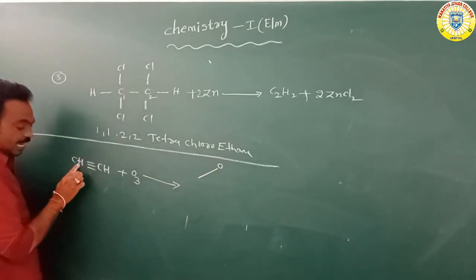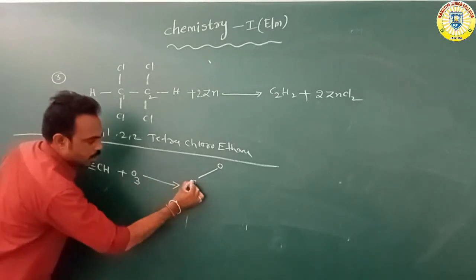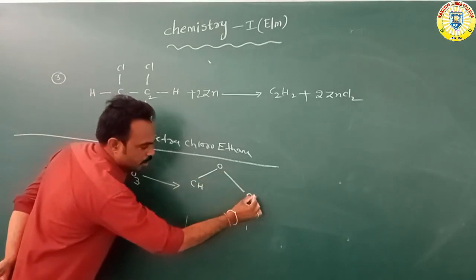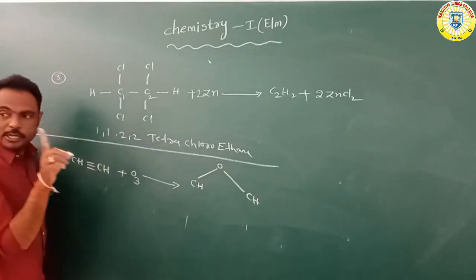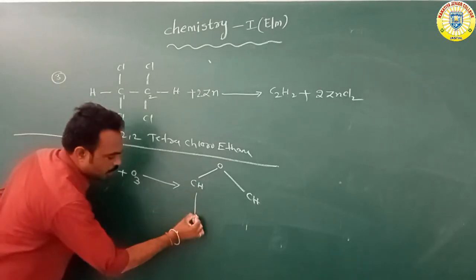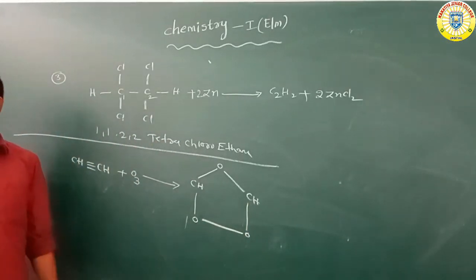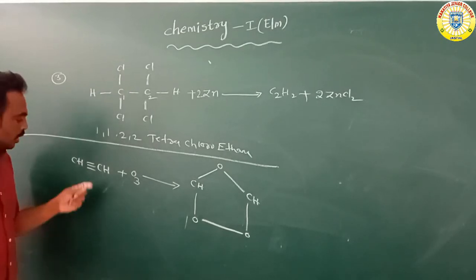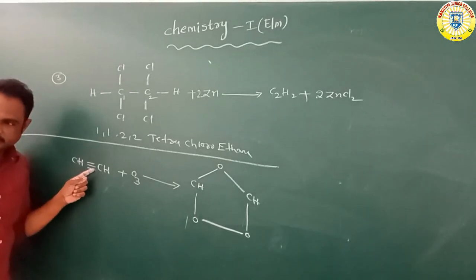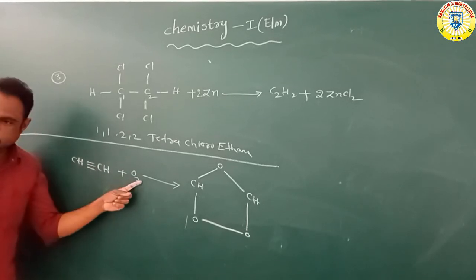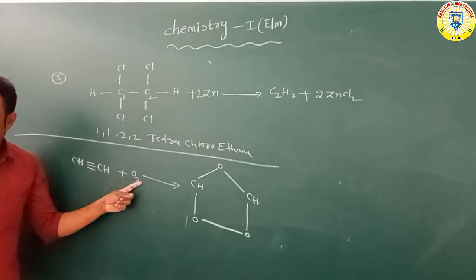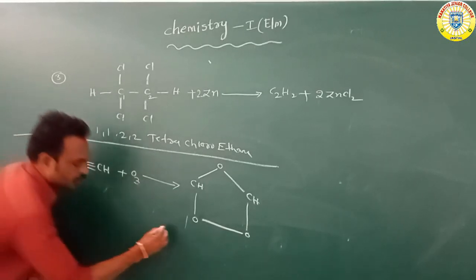How many CH groups? 2. Bond CH. So remaining 2 oxygens, bond O. It is acetylene, it is ozone. So form acetylene ozonide.